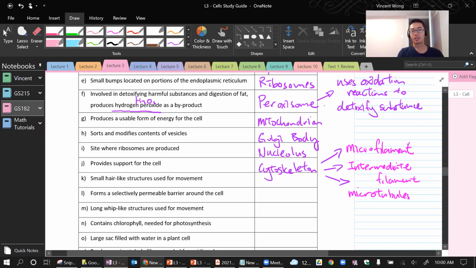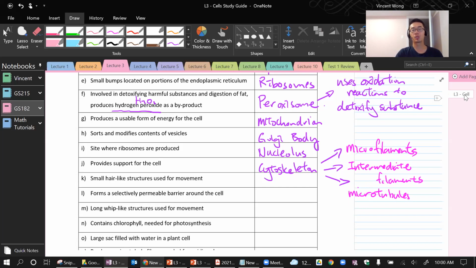Microfilaments are made up of something called actin. You have a lot of that in the muscle. It helps you produce muscle movement, for example. Intermediate filament provides structural support. It locks two cells together, for example. Maintains cellular integrity.